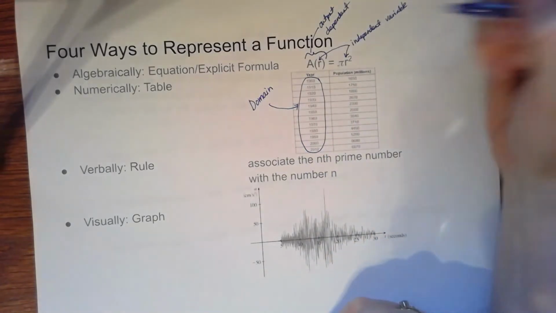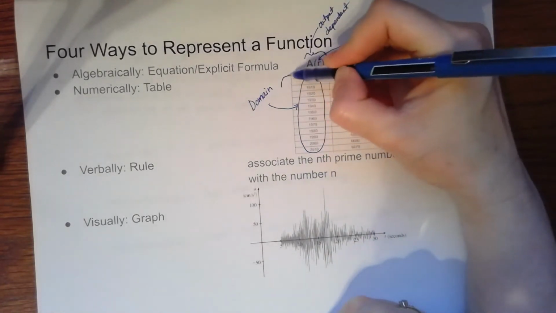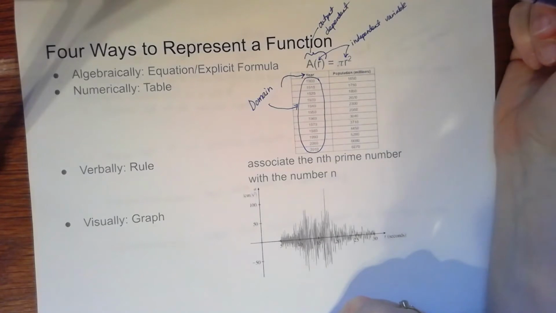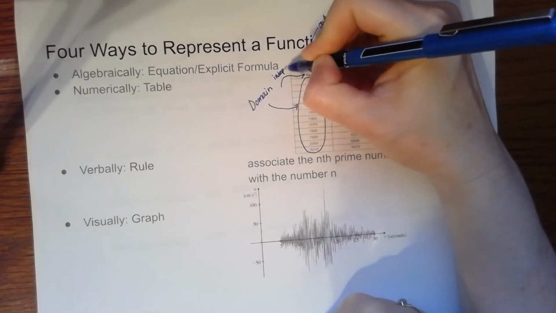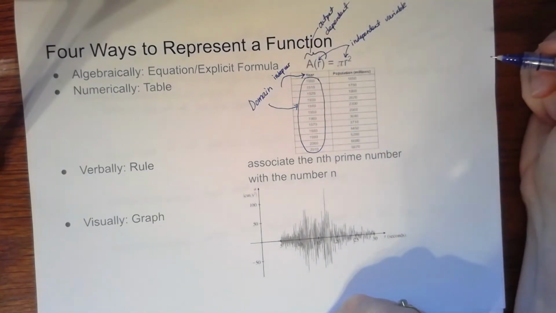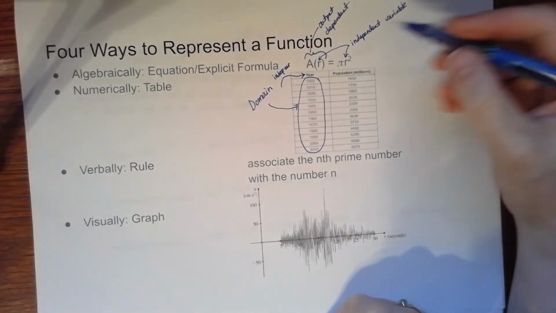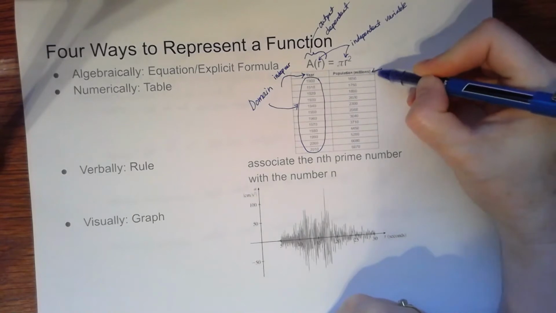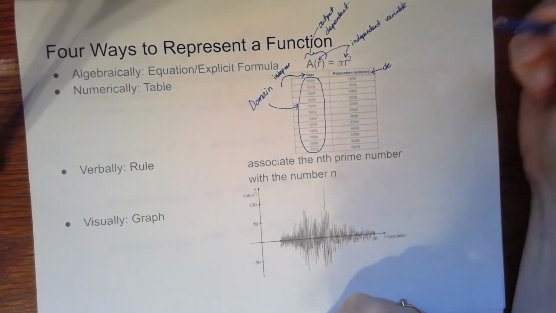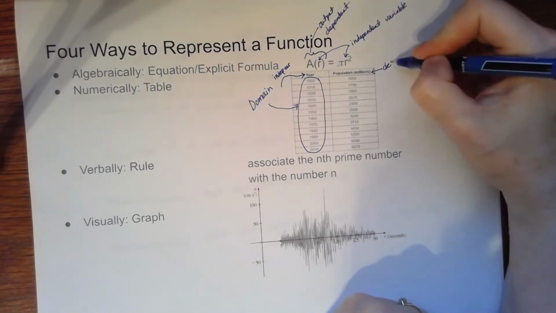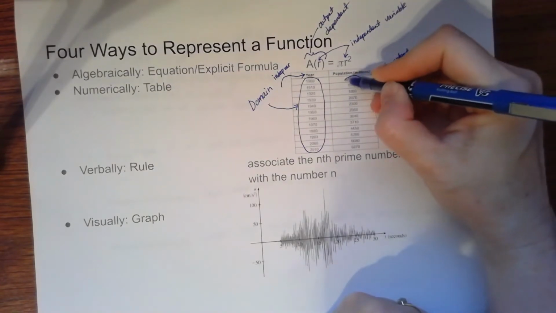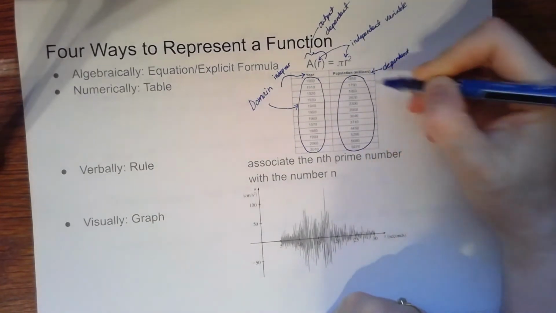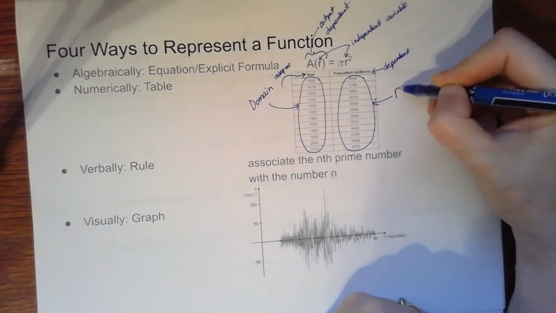The variable that represents the year would be our independent variable, and then the output is the population. This is going to be the dependent variable, so the population depends on what year it is. If we took all those populations and put them together, that would be our range.